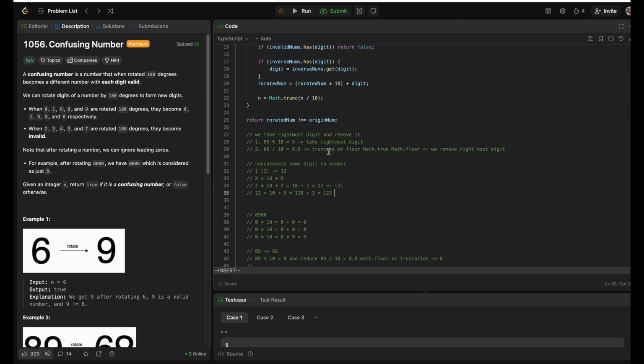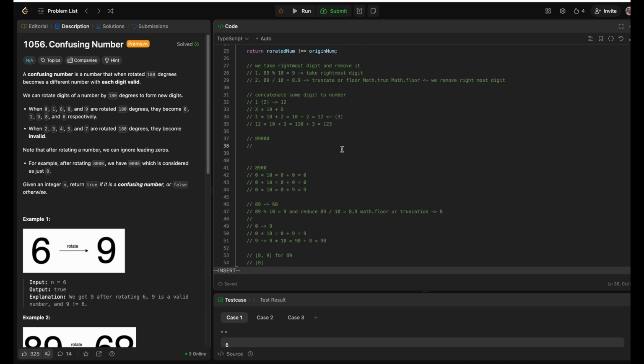So let's consider how we are going to handle the leading 0. We use this trick with concatenation. We really don't care about the leading 0, because this concatenation algorithm will handle this problem by itself. So how does it work? For example, we have a number, for example 89, and a few zeros.